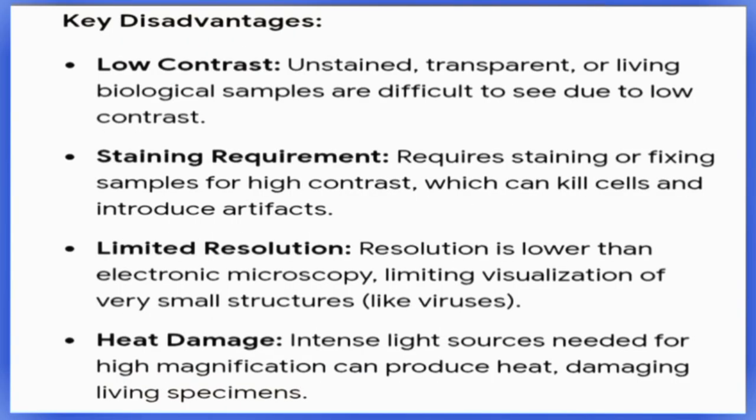Disadvantages: unstained, transparent, or living biological samples are difficult to see with a bright field microscope due to low contrast. Therefore, it requires staining or fixing samples for high contrast, which can kill cells and introduce artifacts.